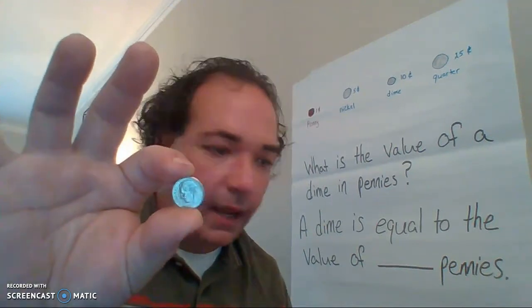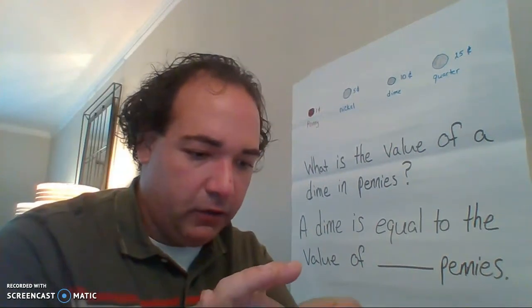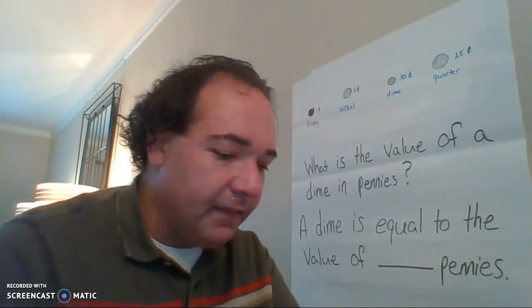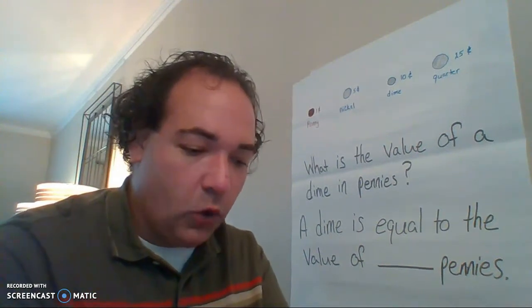The value of it is bigger. The dime is also a little bit smaller than the penny, but it's also silver. And then the last coin that we're going to be looking at is a quarter, and that's the biggest. It's also the largest in value as well, and it's silver.